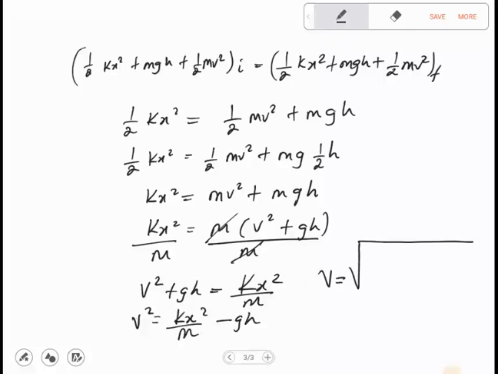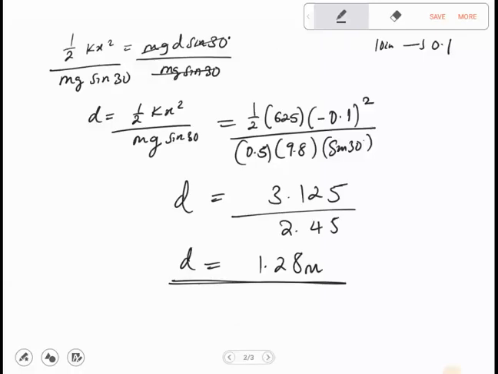Let's now plug in all the values. k is 625. We are multiplying by negative 0.1. Remember, we are still compressing, and the mass is 0.5. Then minus g is 9.8. Then the height.